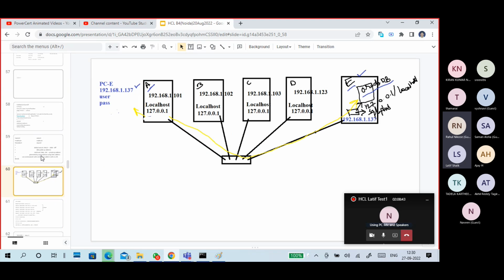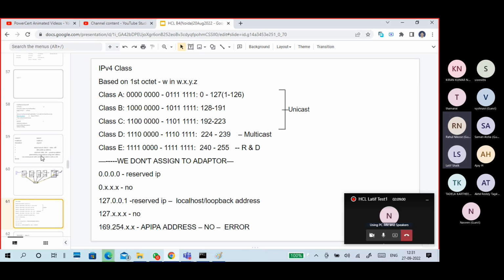Like when I want to send a message to everyone, irrespective of what network or protocol, to all connected devices, I use 255.255.255.255 as my destination IP address.